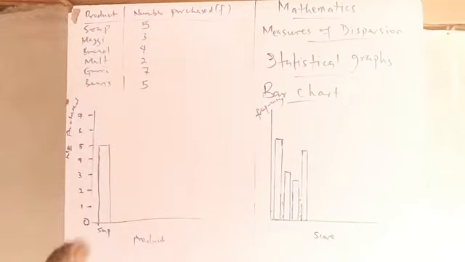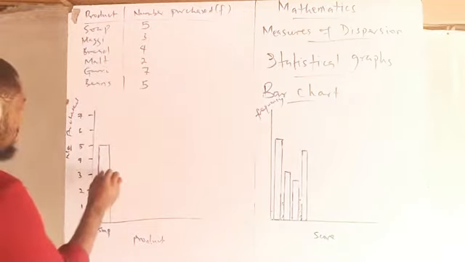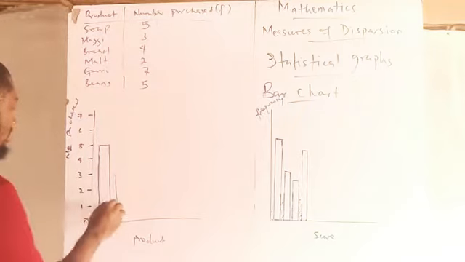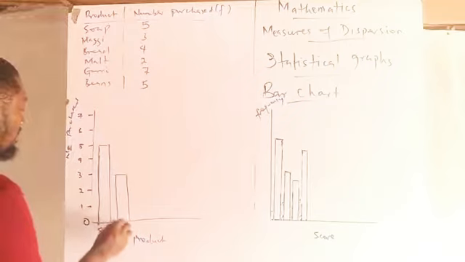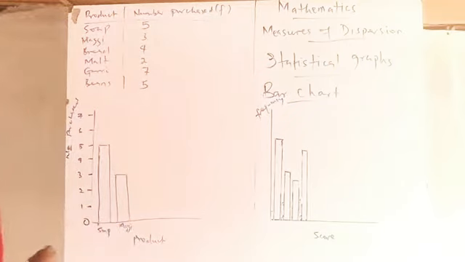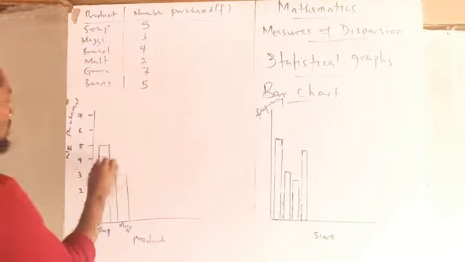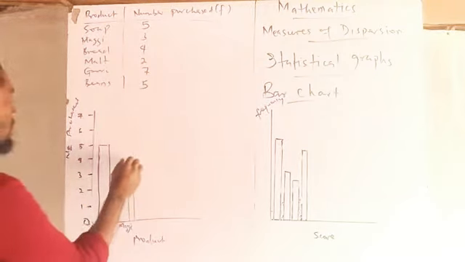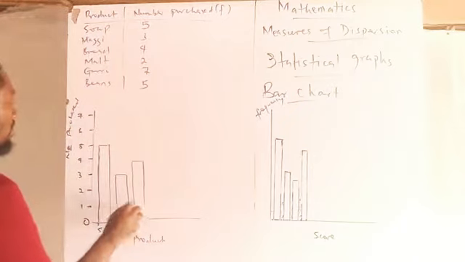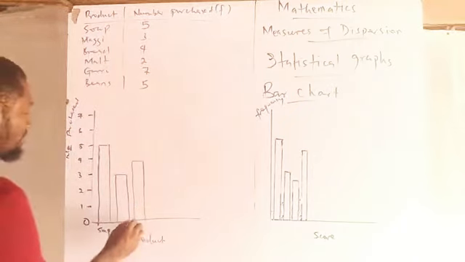Maggi is 3. Look at here. Leave a space. Here's the Maggi. Bread is 4. Here's your 4. That is your bread.